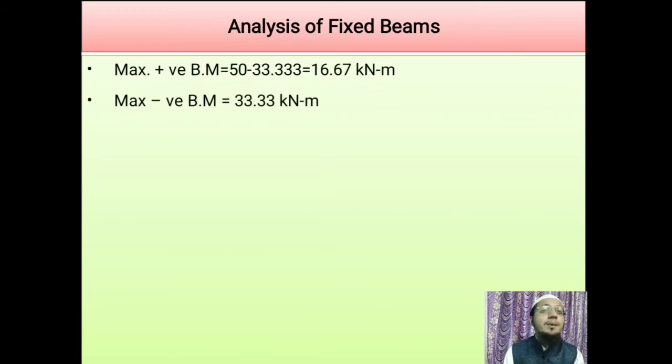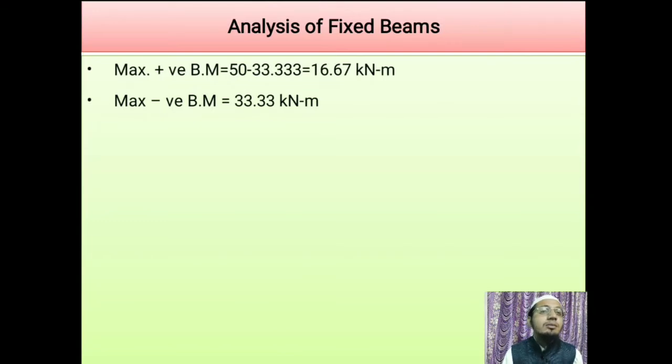In the diagram you can see, when we overlap the simply supported bending moment diagram over the end moment bending moment diagram, we will get the net moment. That net moment is obtained by simply subtracting the hogging moment in case of end moment from the maximum positive bending moment in case of simply supported.